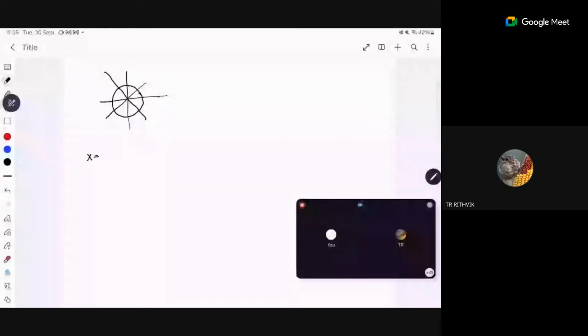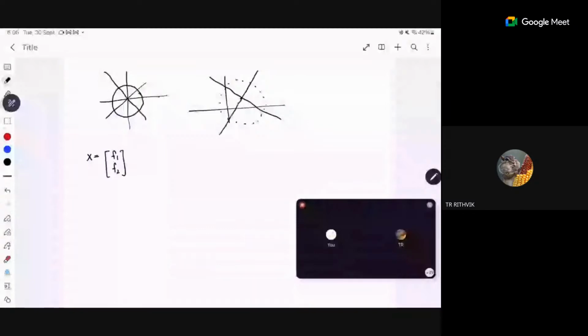Let's say I have a data point X, which has two features, F1 and F2, and the data set lies on a circle, and this is the center of the circle.